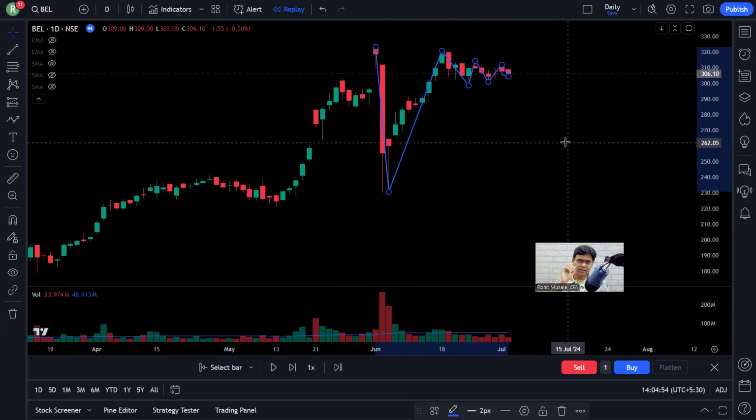So you see there are 8 points in the base, which means 4 contractions or 4 corrections in the base. Now I am looking for minimum 4 points in the base. Here you have 8 points, which is double the number of points that I'm looking for. That means I'm looking for 2 corrections or 2 contractions in the base. But here I have 4 contractions, which is like an icing on the cake, right?